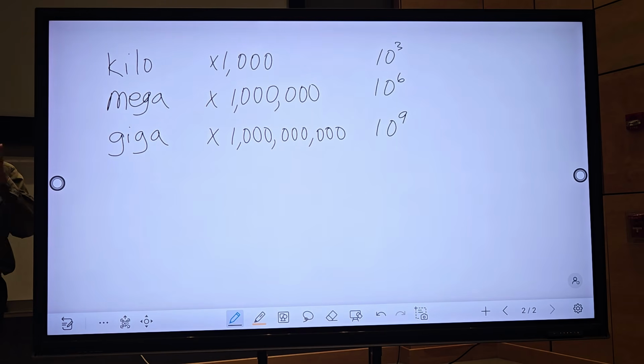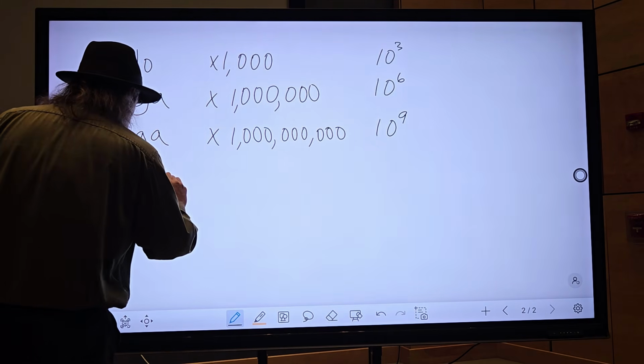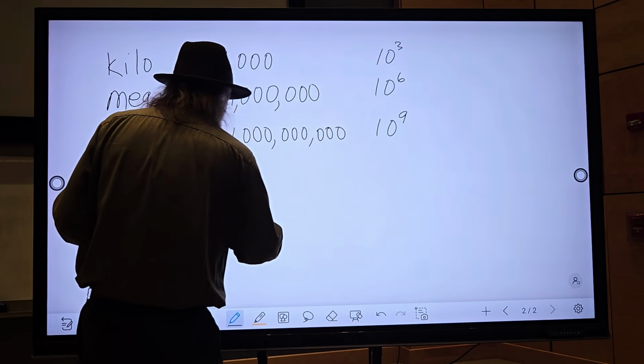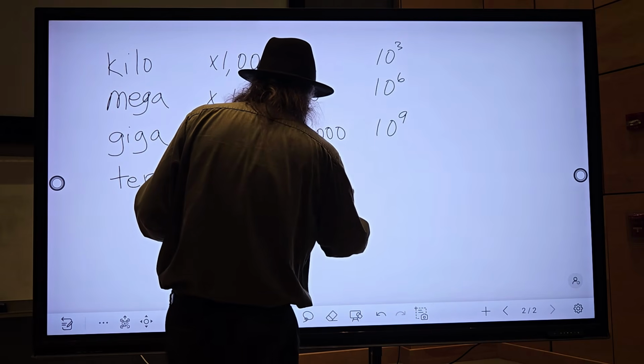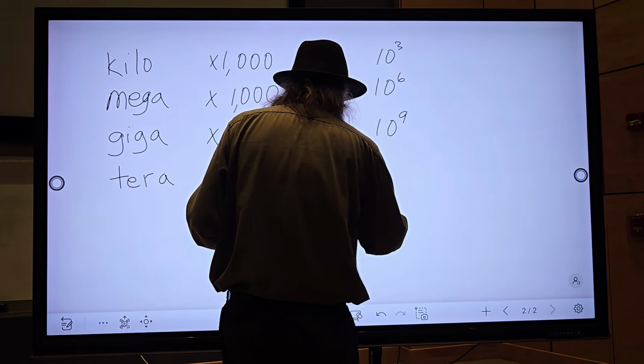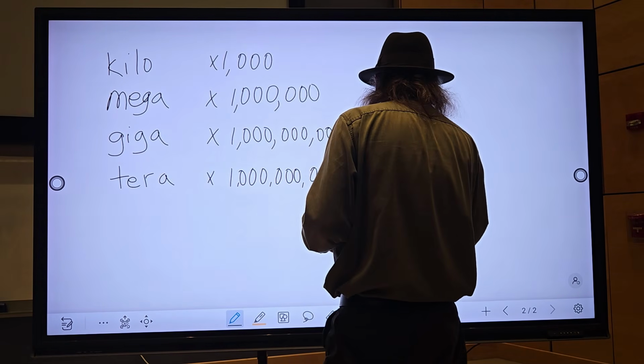Kind of a little joke that he doesn't pronounce it right. But that's billions of watts. 1.21 billion watts of power. Then there's tera, or 10 to the 12th.